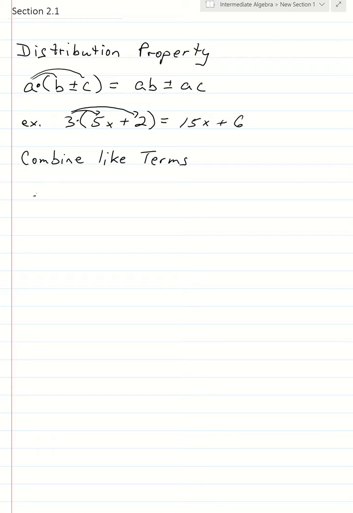For example, like terms might be 5x, 7x, negative 3x. Those are 3 like terms. Or if we had 7x squared, 2x squared, and a negative 8x squared. These are also considered like terms.